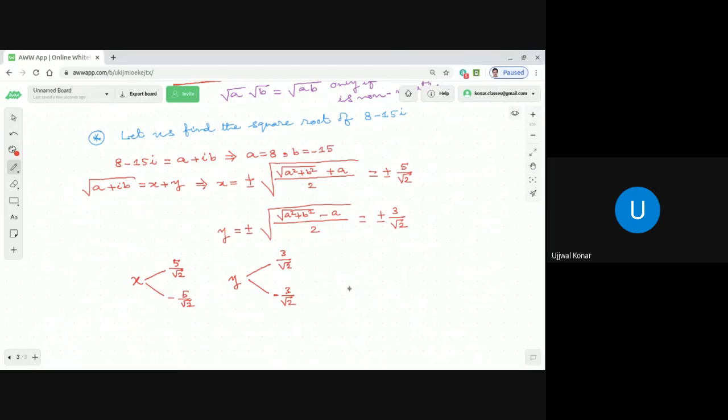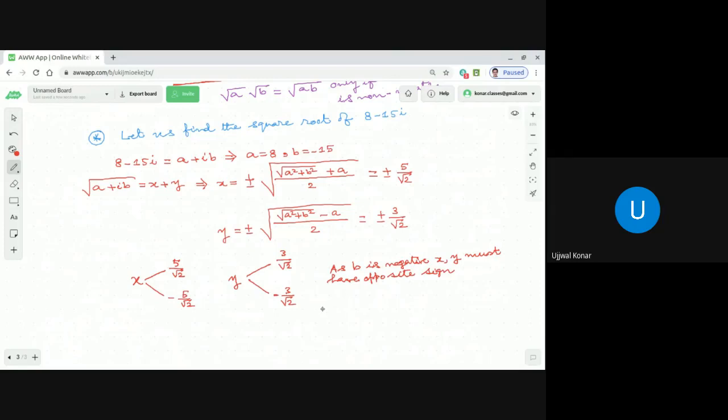As b is negative, x and y must have opposite sign. So now if we apply that opposite sign, if you take x is equal to 5 by root 2, then y has to be minus 3 by root 2.